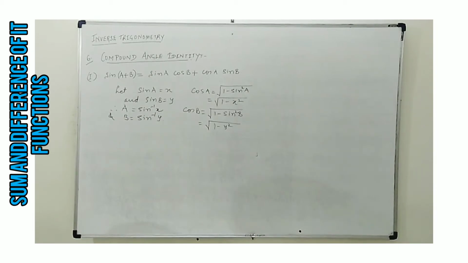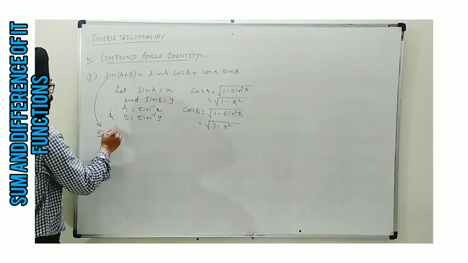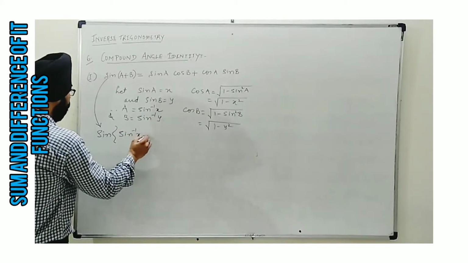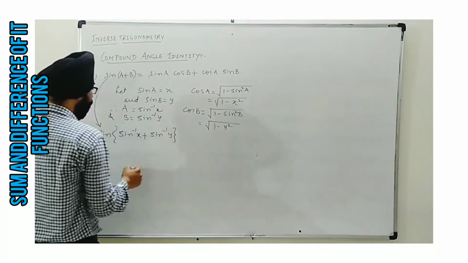Now we have done everything possible. From the identity stated, we can write sine of sine inverse x plus sine inverse y.